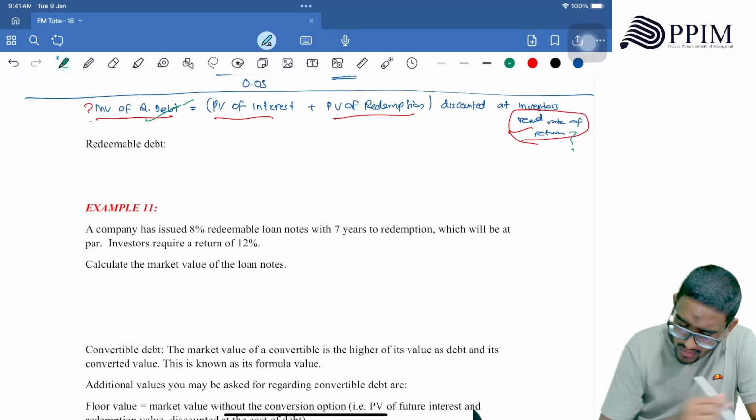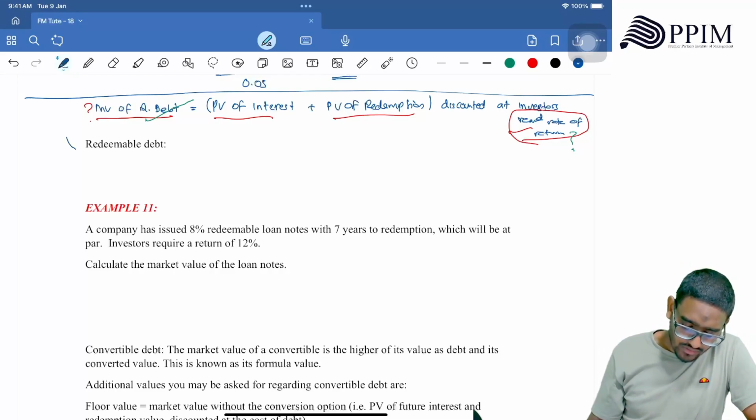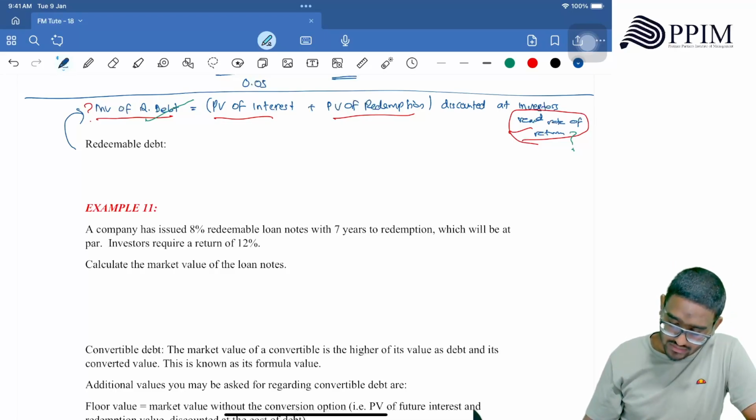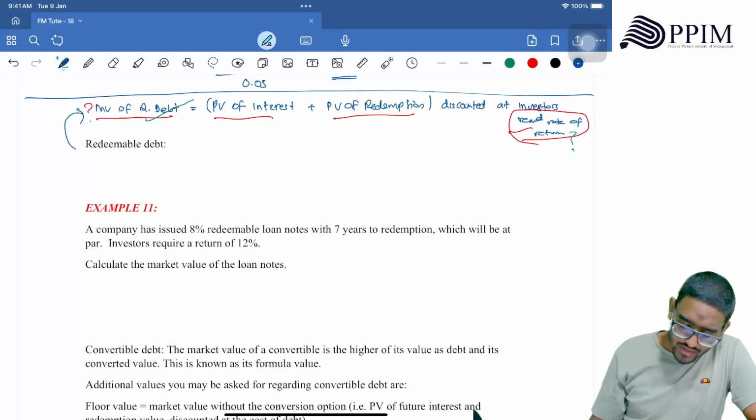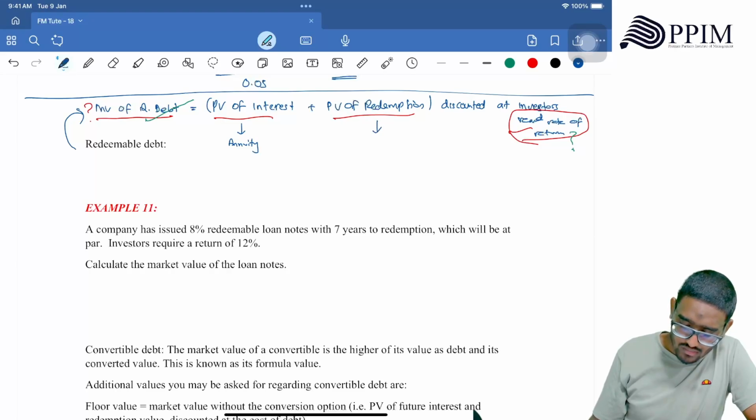Okay. Right. So in terms of your redeemable debt, I've already given you the equation on top. That is your equation. But don't forget, this will be an annuity. And redemption will be a one-time cash flow.